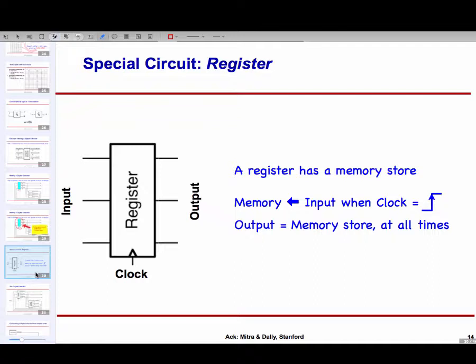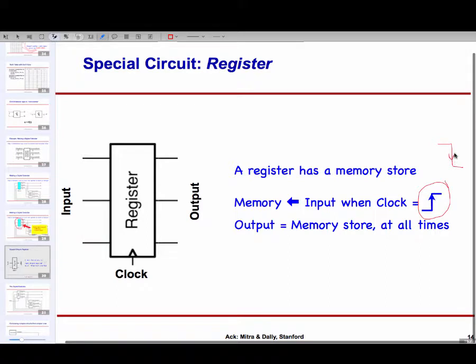Register has this memory. Memory gets the value on the input whenever the clock ticks, and very commonly, in this example, we say clock ticks whenever it goes from low to high voltage. So the special symbol that you are seeing is basically saying that the clock tick happens whenever the clock signal goes from low to high. I may also have a clock in the other direction, drawn like this, and that would mean that the clock tick happens when the signal goes from high to low.